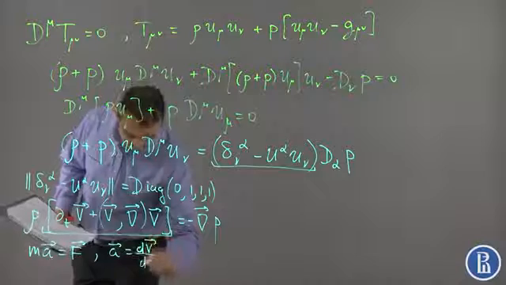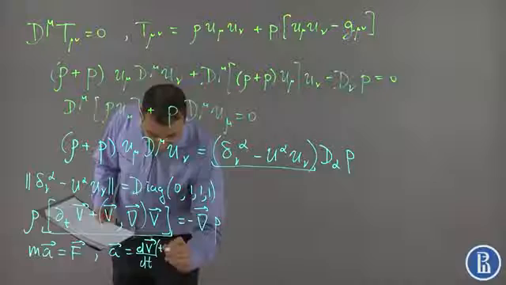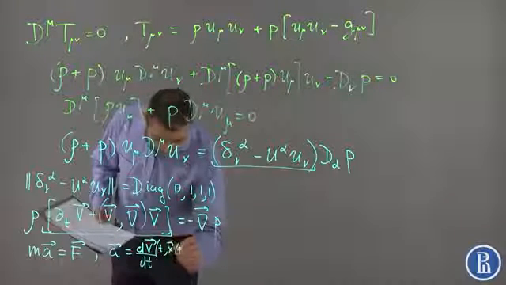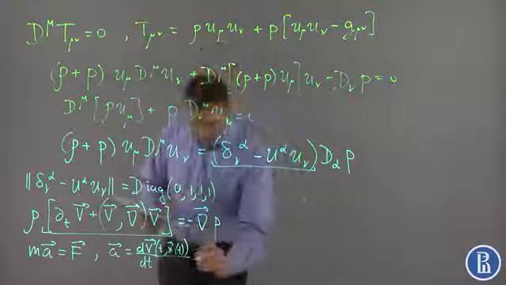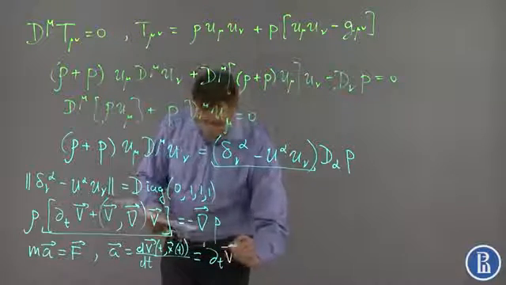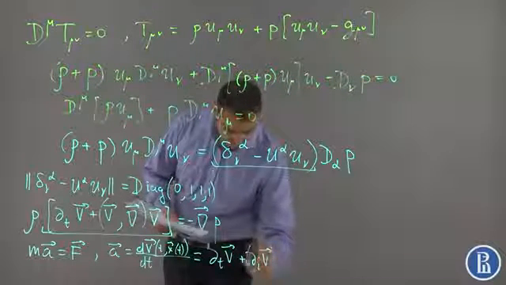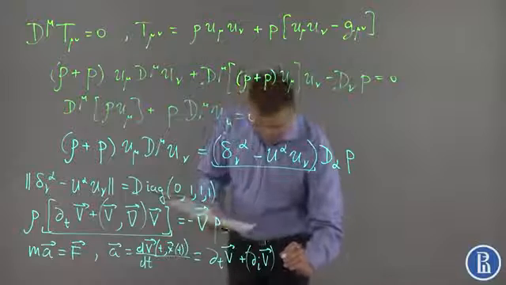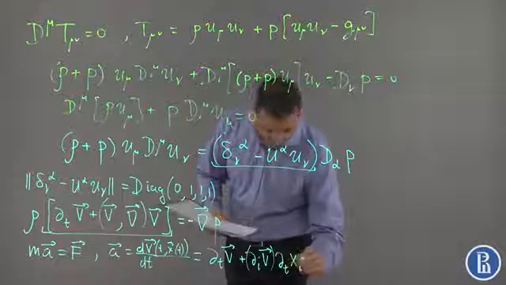but v is a velocity field, so it depends on t and x of t. So if we apply this, we obtain that this is ∂_t v plus ∂_i v times dx^i over dt.